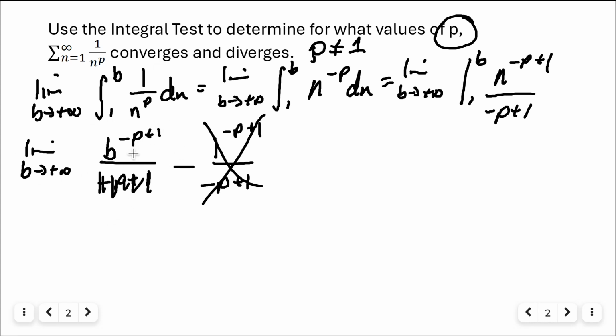Well, I think everything rides on whether or not b, the base, which is infinity, is in the numerator or the denominator. If the infinity ends up in the numerator based on the power, then the whole thing's going to infinity and it diverges. If the infinity ends up in the denominator with a power, then that's going to be 1 over infinity raised to a power, which is going to be 1 over a number really big.